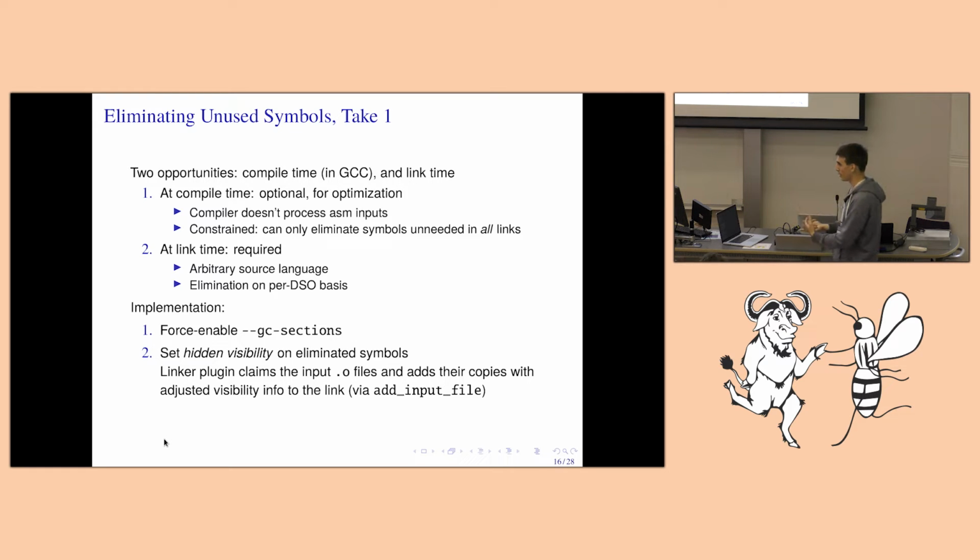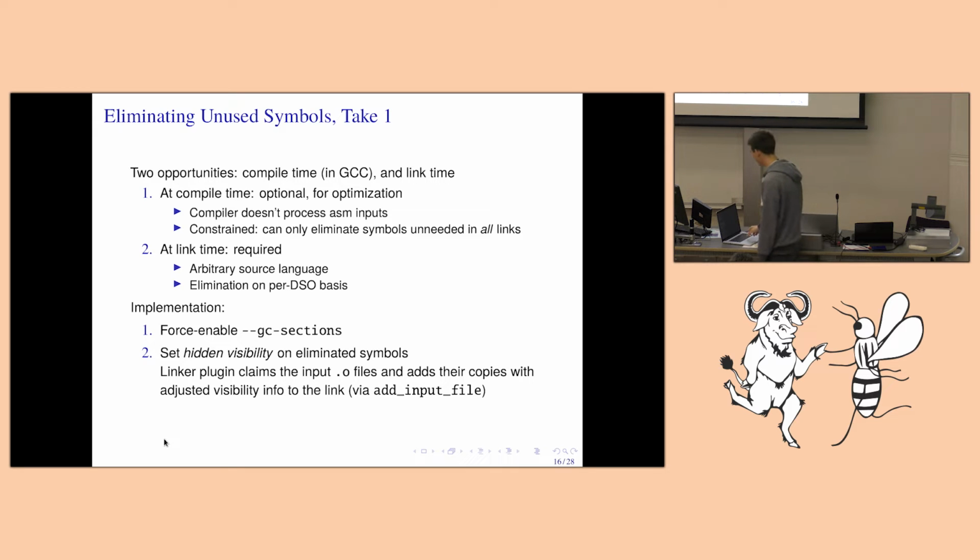It claims the input file if it sees the file contains a symbol it wants to make hidden, and it rewrites the ELF. There's a small amount of patching. You just adjust the visibility bits and add it to the link, and the linker sees it for the second time. It grabs it and does the linking with the hidden visibility info, does GC sections, and unneeded symbols are thrown away.